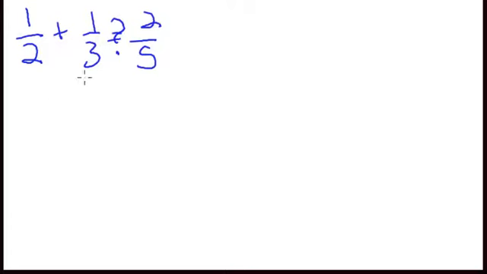But if you spent any time around fractions, you know that if you use too big a denominator, it just gets more complicated. You have to simplify at the end. So that's why we look for the least common denominator. Okay, and we should be able to see that 6 is this common denominator.